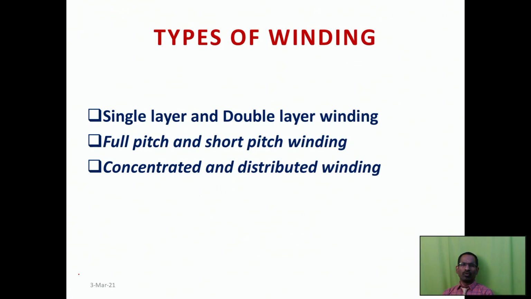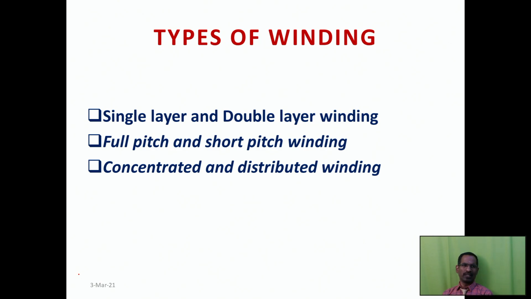I already told you that once we design the winding, the number of poles is constant. After that we cannot change that. Here our generator has two different types of construction.